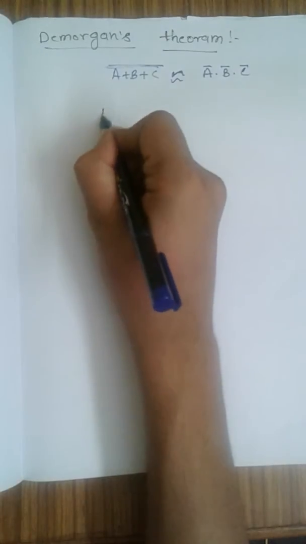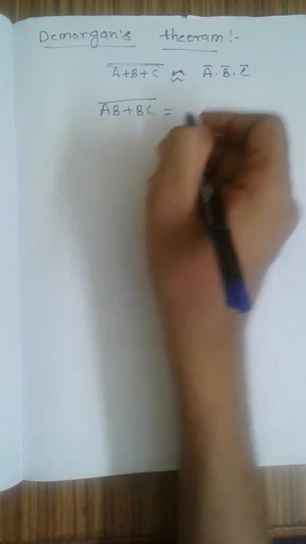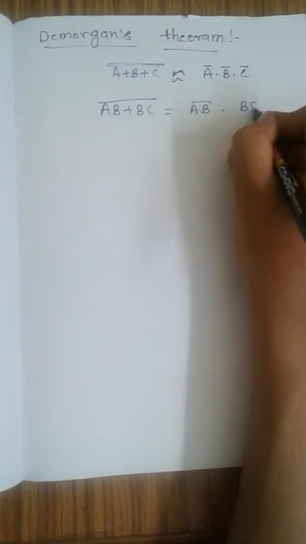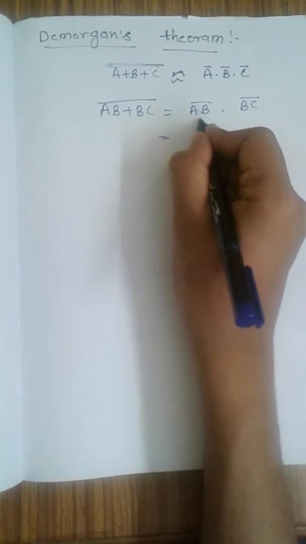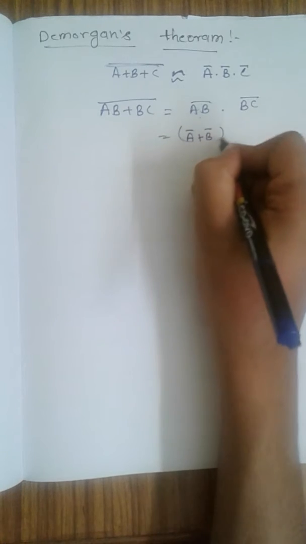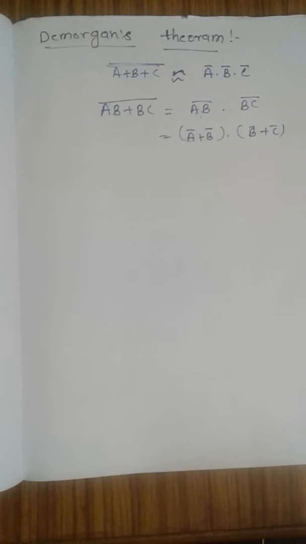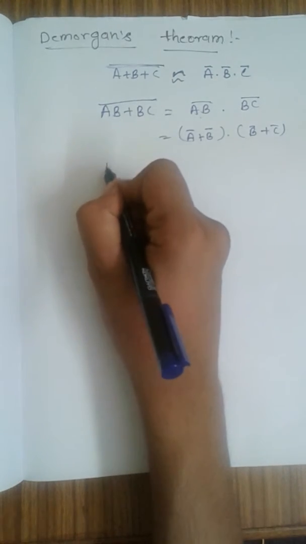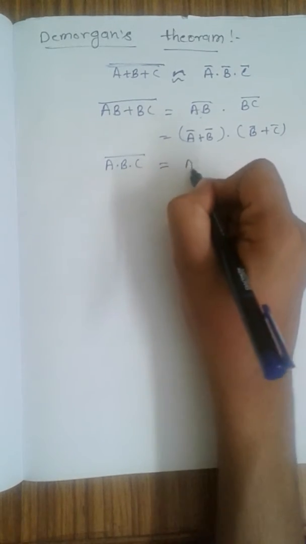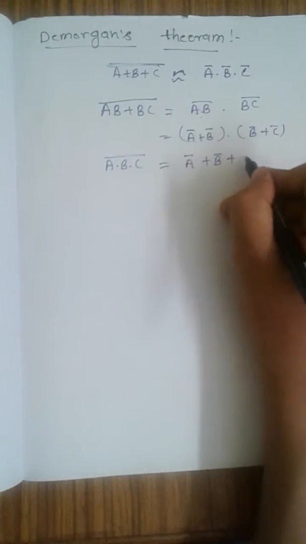So I will take an example of ab plus bc. It can be written as ab bar dot bc bar, and it can also be written as a bar plus b bar into b bar plus c bar, and then you can solve it further. And for a dot b dot c, it can be written as a bar plus b bar plus c bar.